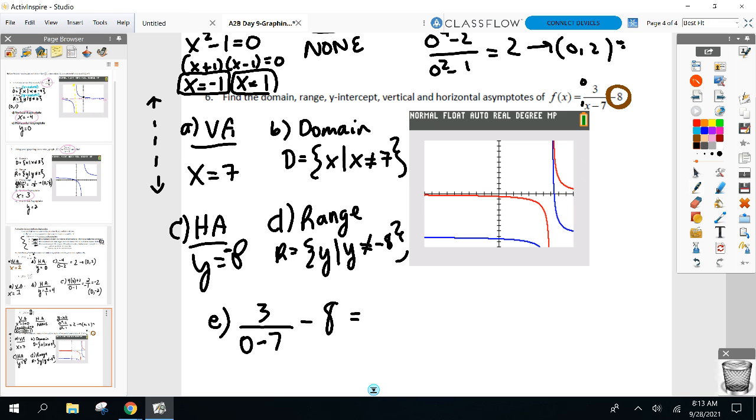Good thing we've got fraction templates and everything can handle that. -59/7. Yep, that's what I have as a fraction anyway. Some of you may have the decimal version. So my y-intercept is (0, -59/7).